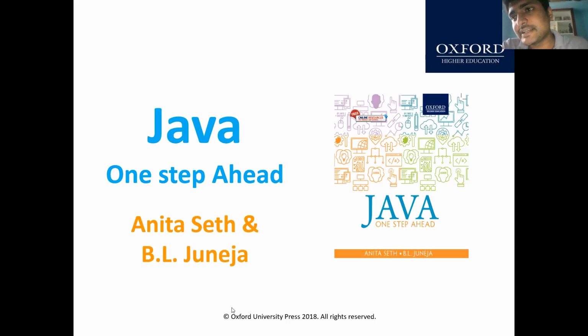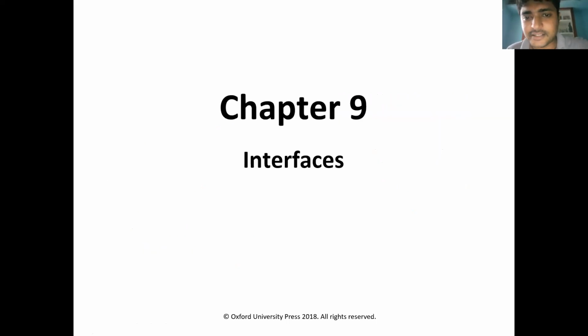The implementation is done through the class. The syntax is class space class name implements, where implements is the keyword, and then the interface name. Within that we can define the abstract methods. So this is all about the interfaces. We have seen some sample syntaxes also.